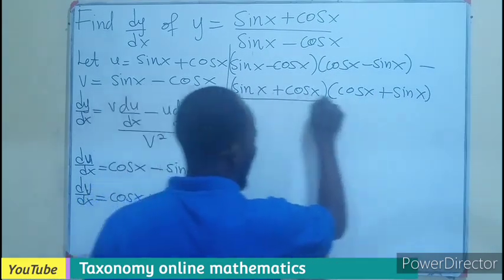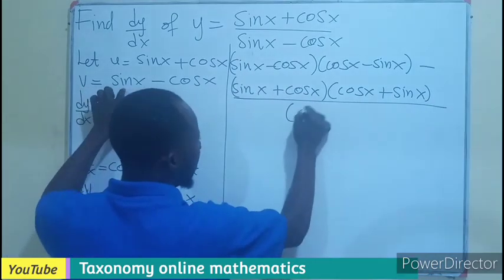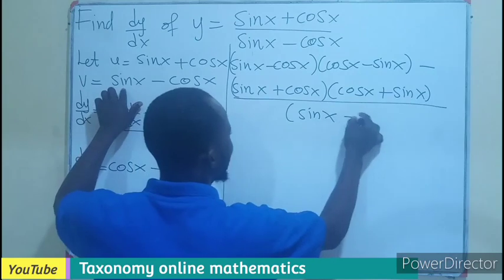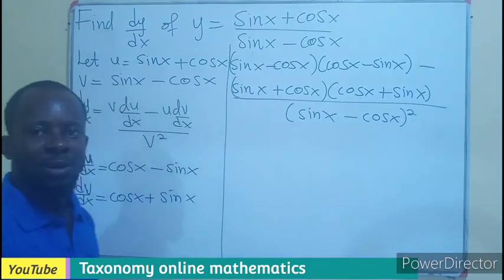Don't forget, this is a fraction divided by v squared, which will be sin x minus cos x.